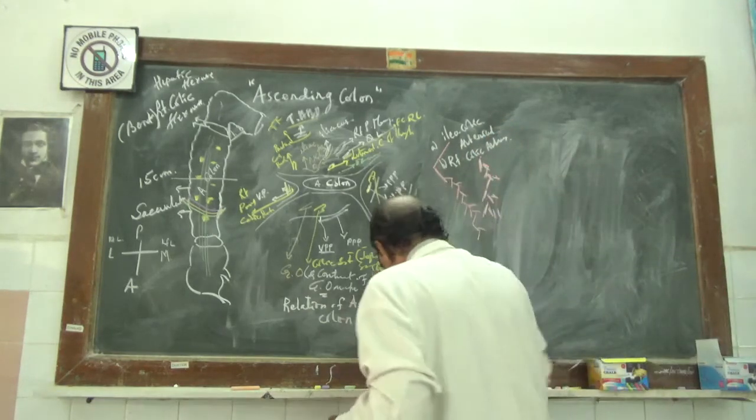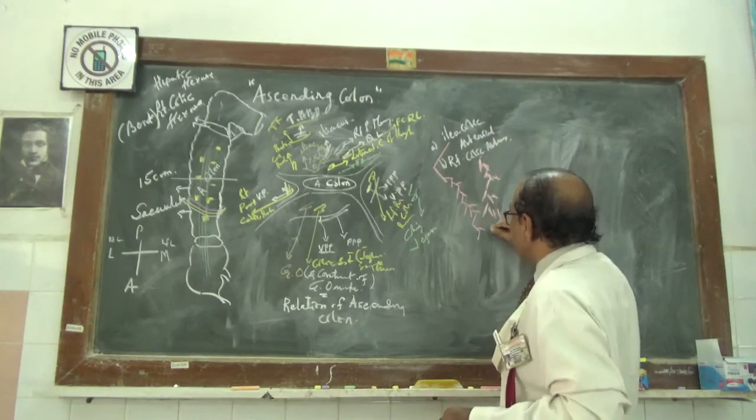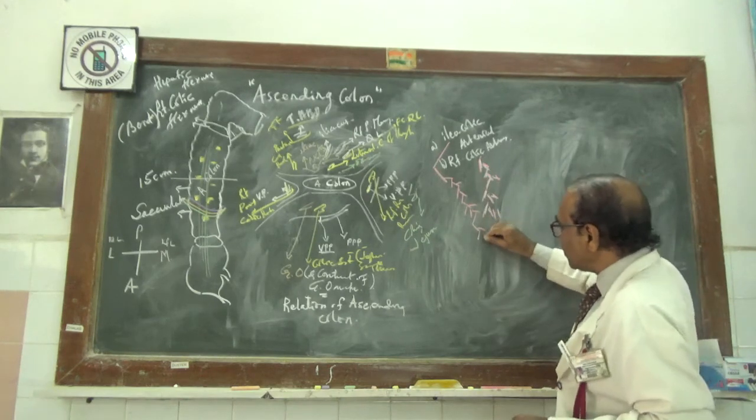After the blood supply, you will get the venous drainage. Venous drainage is by the colonic veins.